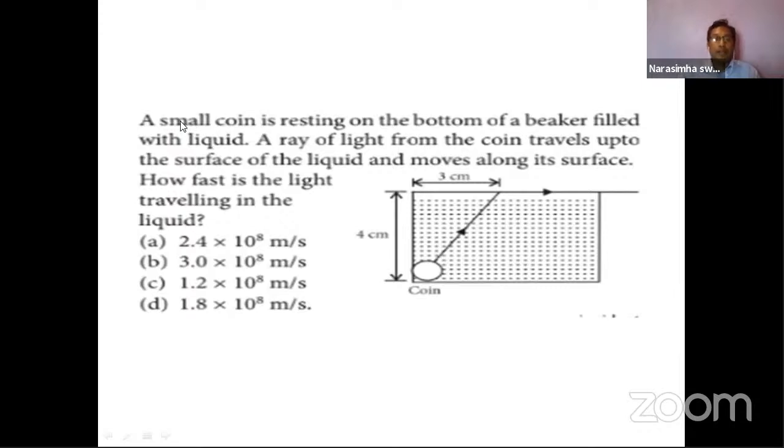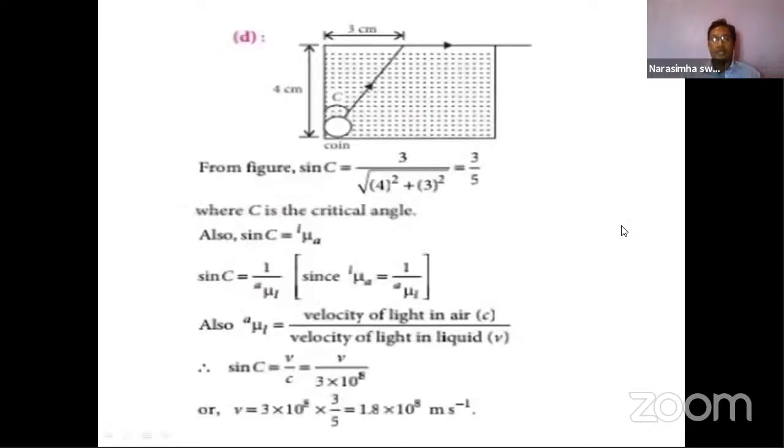So I'm repeating here, a small coin is resting on the bottom of the beaker filled with the liquid, and a ray of light from the coin travels up to the surface of the liquid and moves along its surface. Then how fast is the light traveling in the liquid is asked. See what information is given.